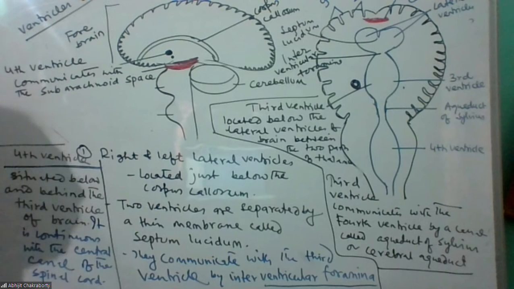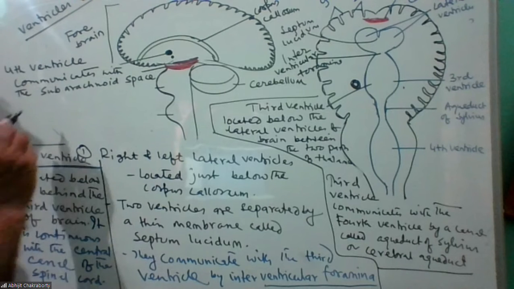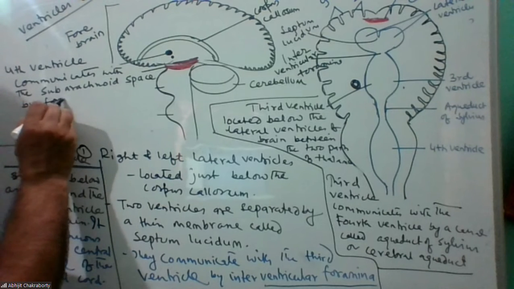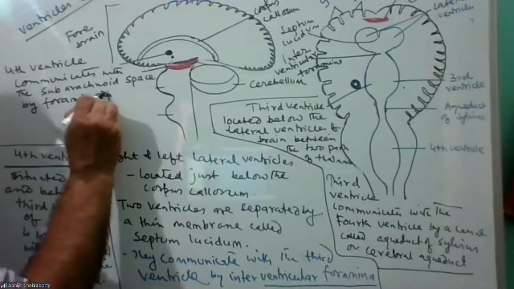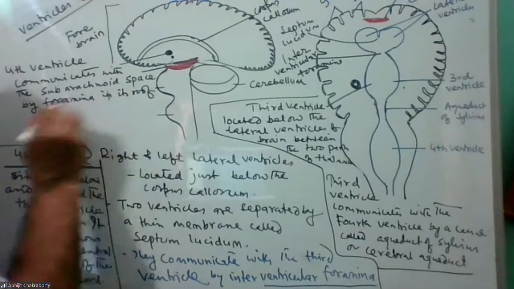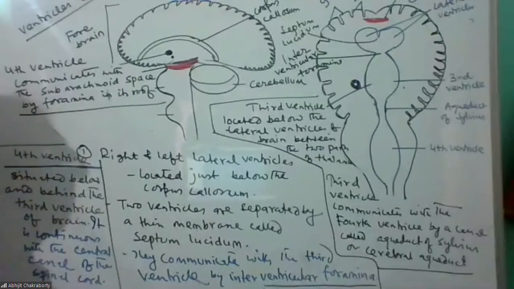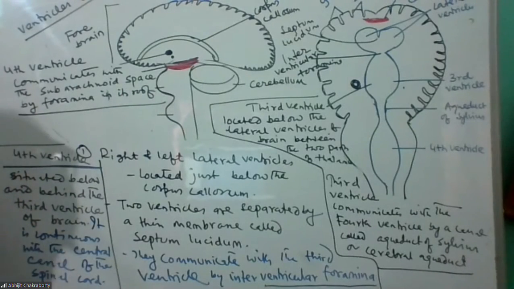This space is found in the meninges, by foramina in its roof. Through this foramina, actually, the CSF is drained into the subarachnoid space. Two lateral foramina and one median foramina are found. Are you getting me?